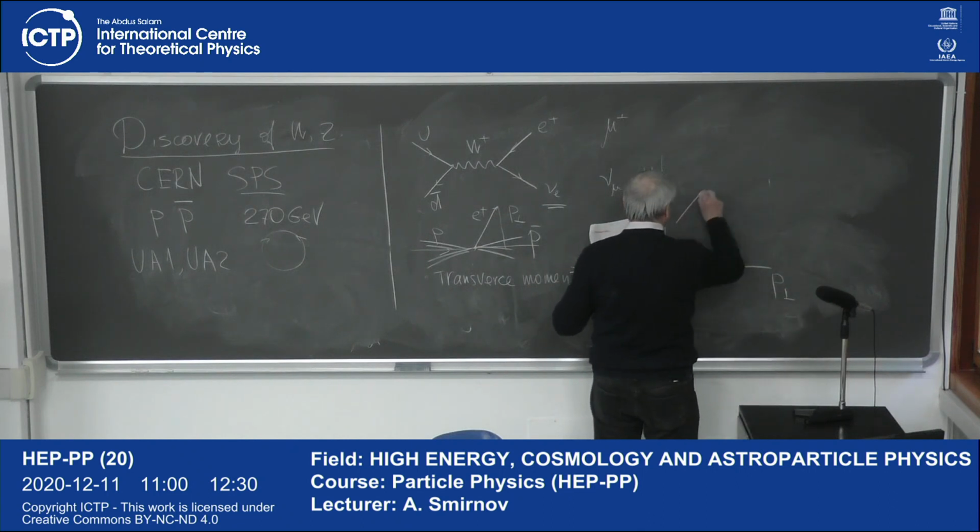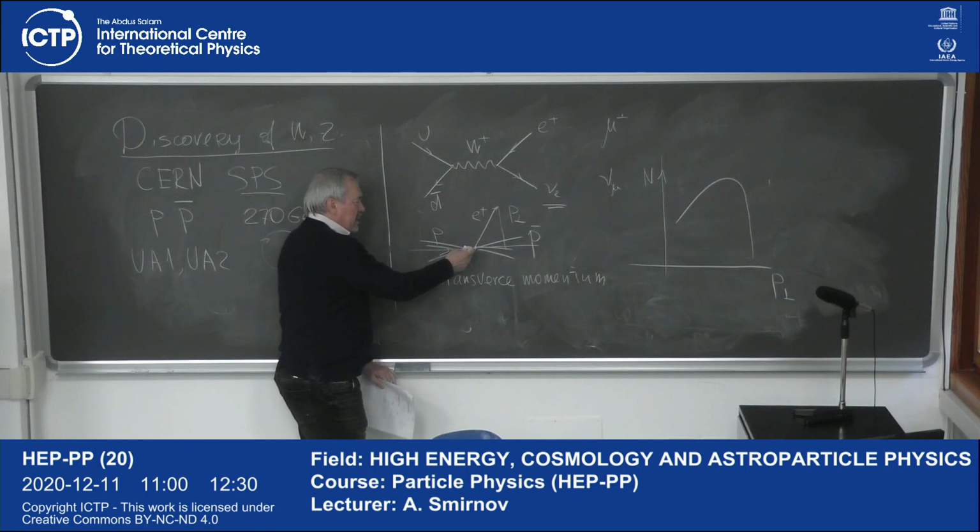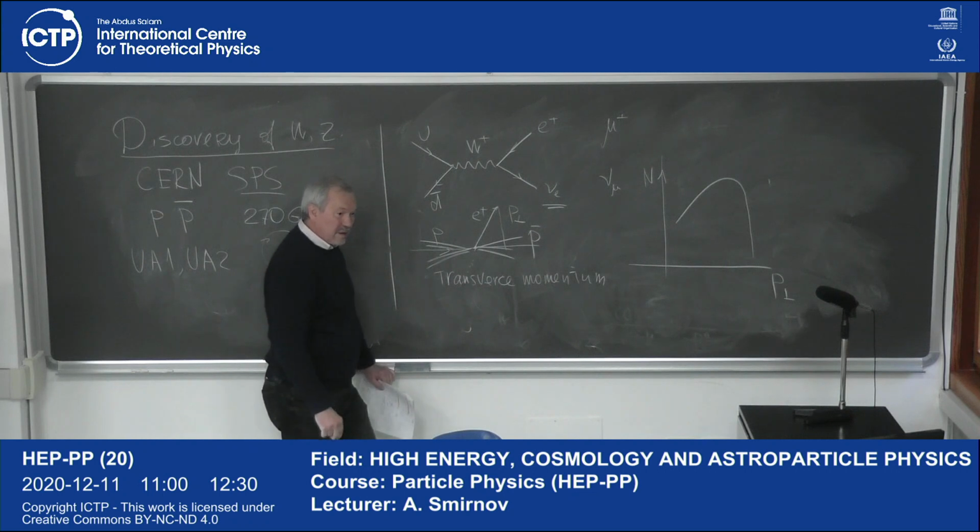That looks like this. And also you see this imbalance. In the first place you see that there is some momentum in this direction, but there is nothing here, which clearly should be identified with the neutrino, which is moving in this direction. So that's an important signature, as we say, of these events.